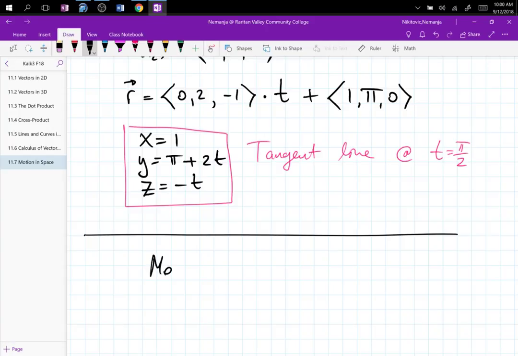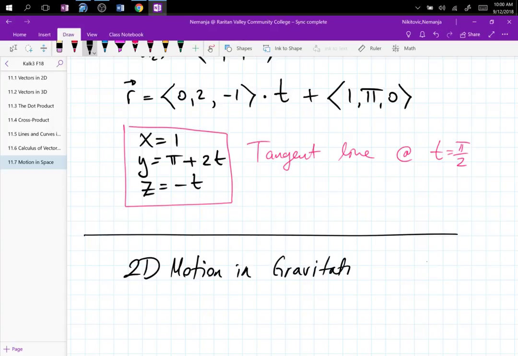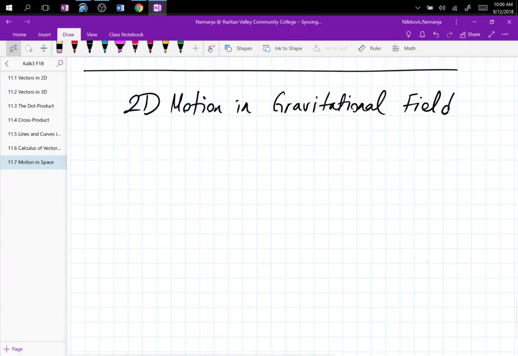Motion, gravitational motion in 2D, I believe that's the, what's the exact title? Oh, 2D motion in gravitational field. Interesting for them to mention the field before we get to chapter 14 to explain what the field is.